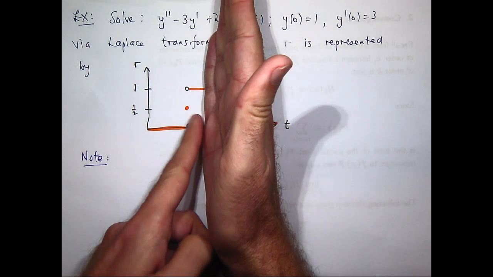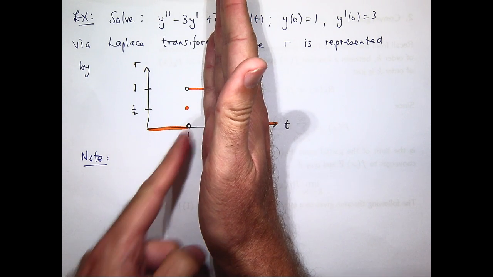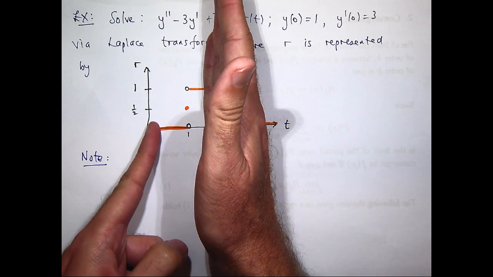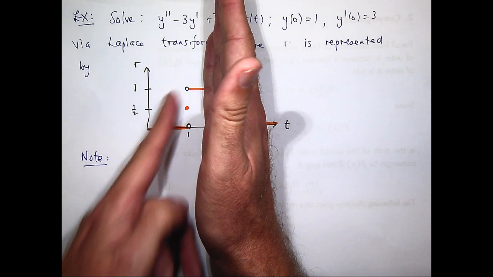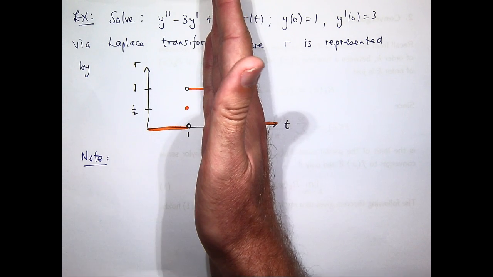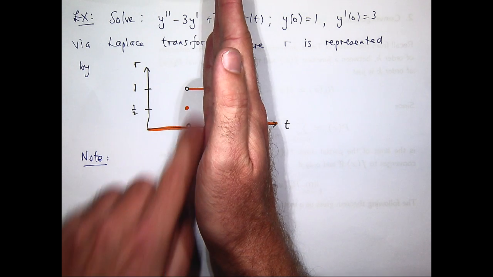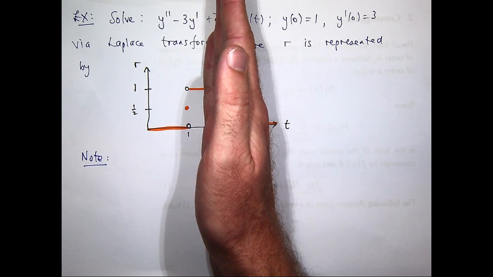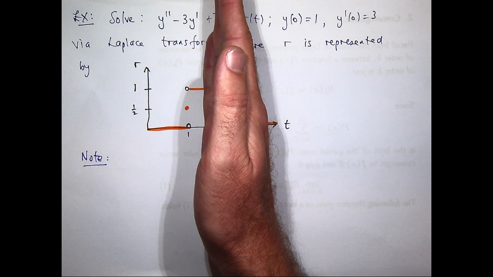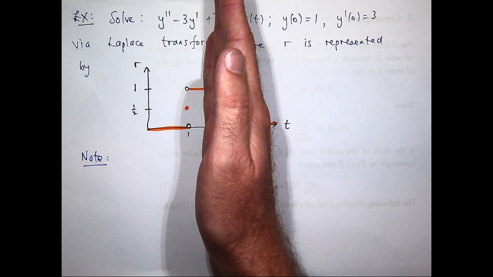Let's just consider the first jump point. To the left it's 0, and to the right it's 1. So from here to here, the portion that you can see, that curve is covered by just the regular Heaviside step function, u of t minus 1.